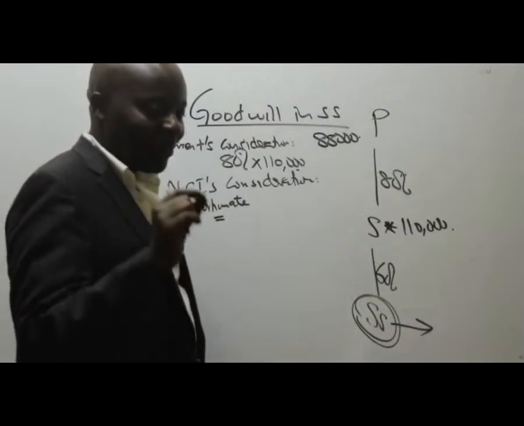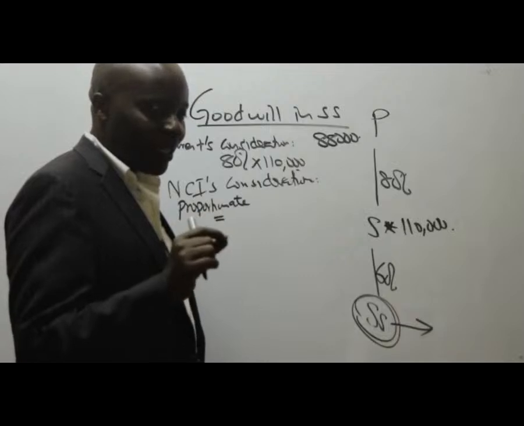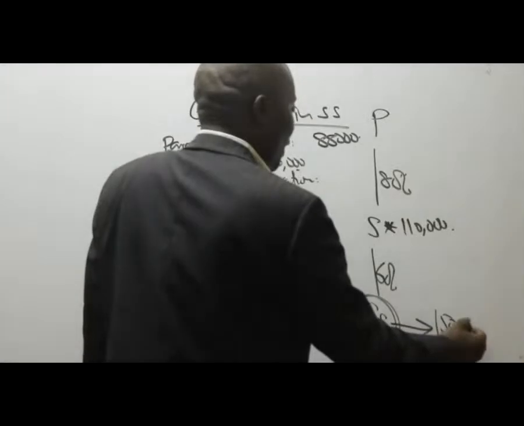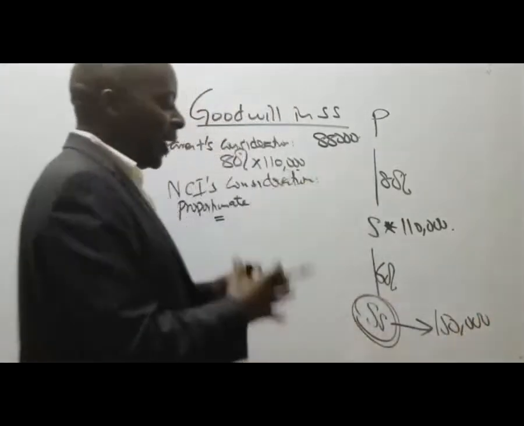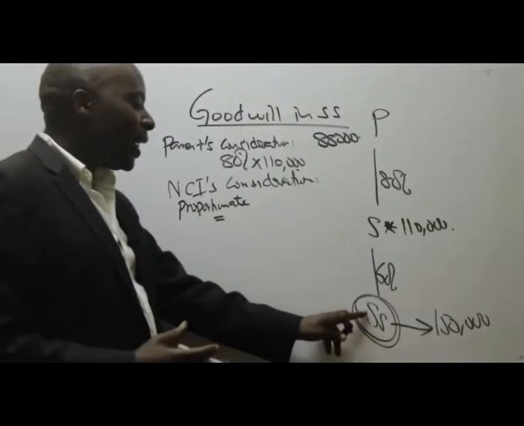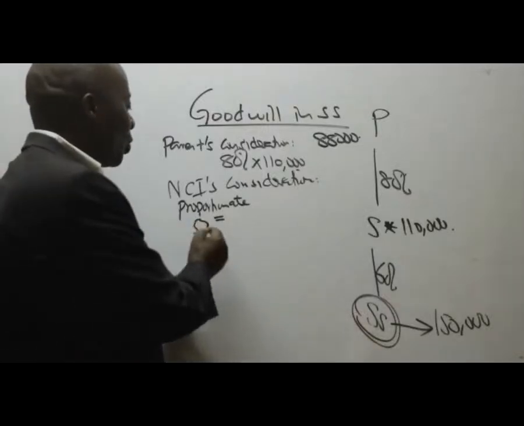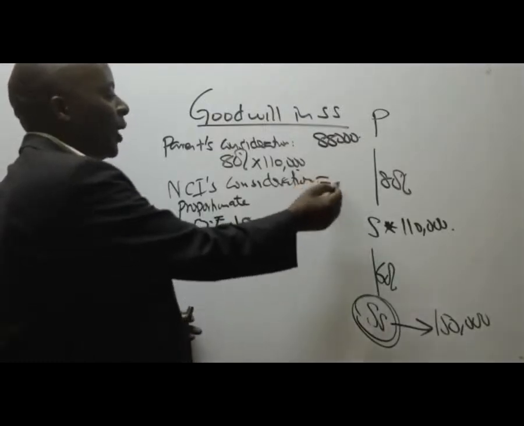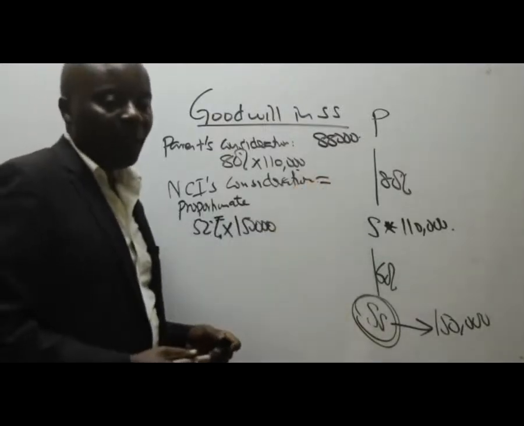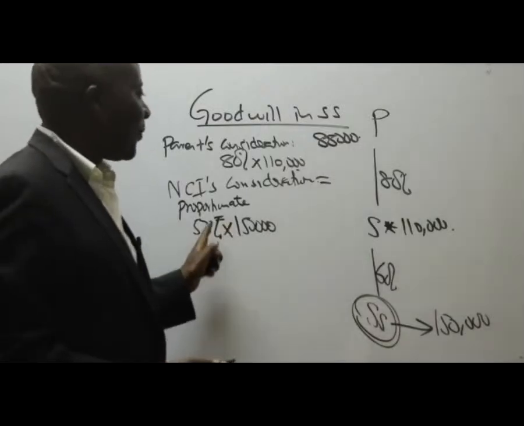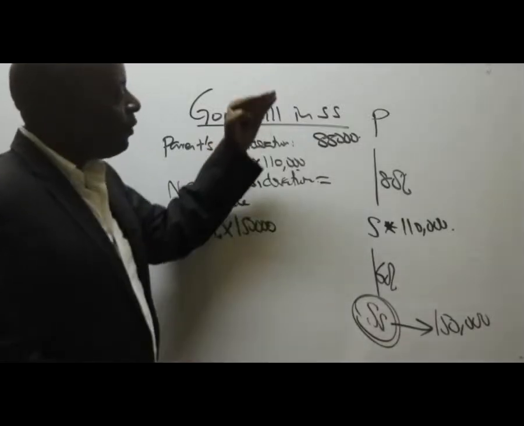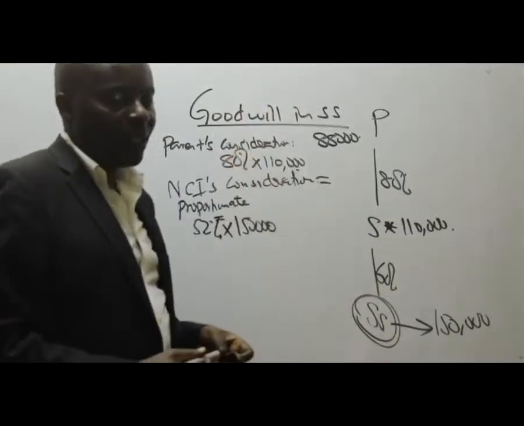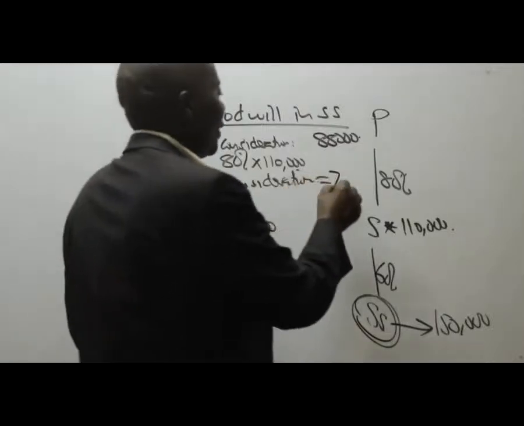Net assets of SS at acquisition is 150,000. And then the group NCI under SS, you gave me 52, so it should be 52% of this 150,000. No, this concept is only applicable whenever we have the issue of a subsidiary in the parent's consideration. So 78,000. Thank you very much.